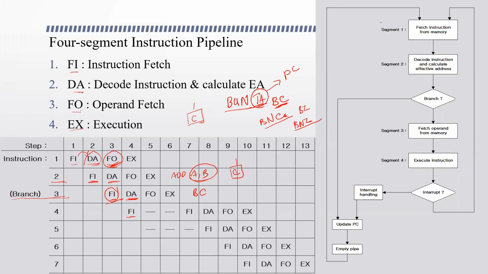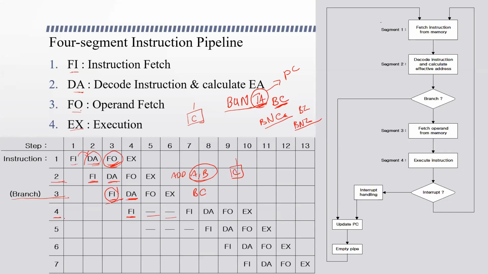So the normal process, fetching of the fourth instruction, will be done. Once it is decoded and it is understood that it is a branch instruction, now the control has to be taken to execute the target instruction in the target address. So this is halted here. The pipeline is made empty to perform that branching.